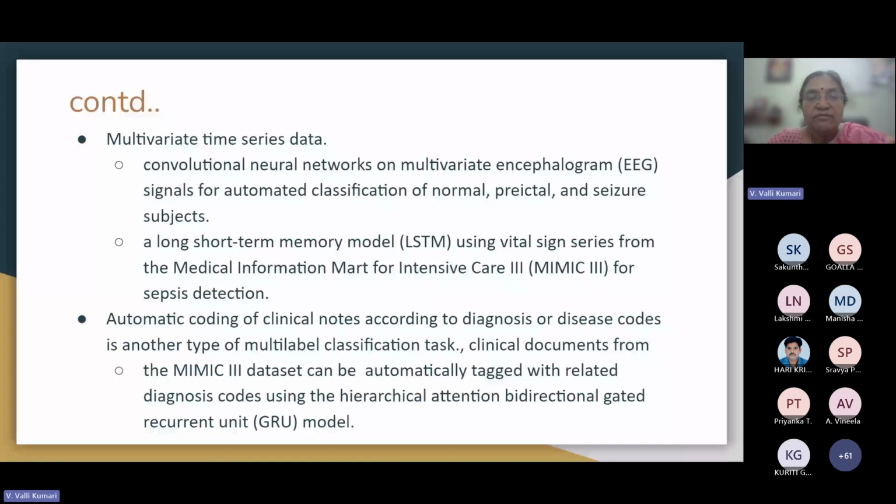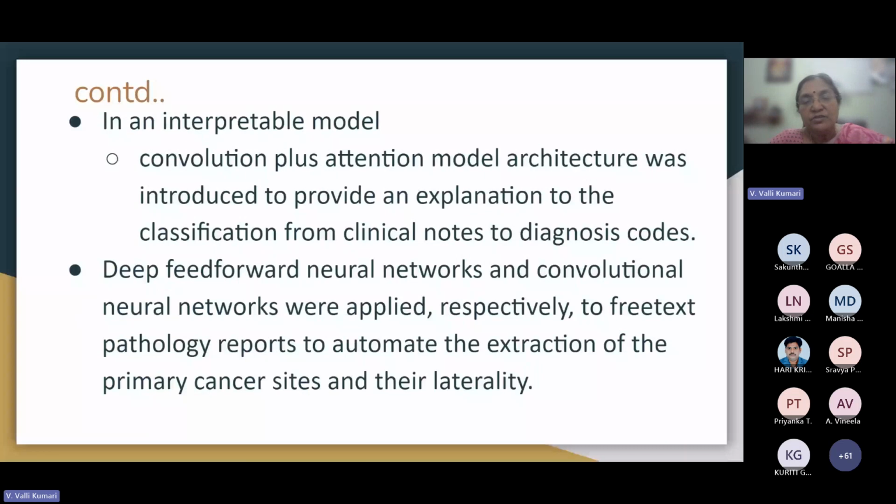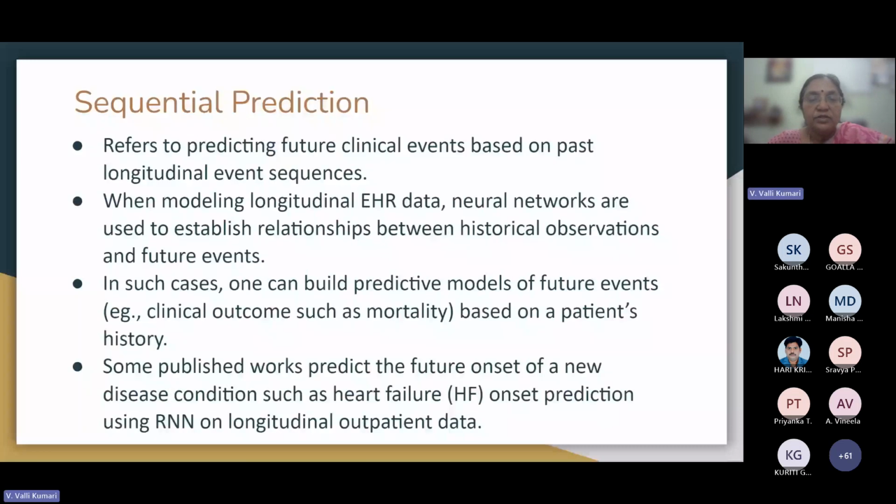Certain models have also started making use of GRUs and attention models. People are trying to apply all kinds of deep learning models to this EHR data. So that is about disease detection and prediction.